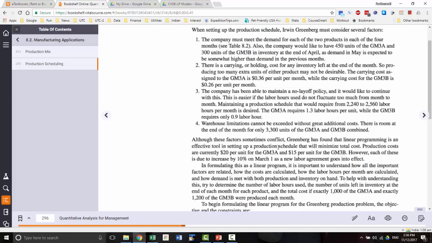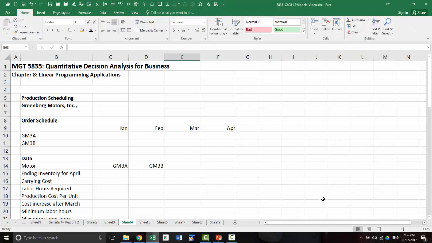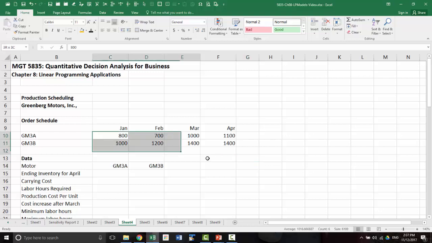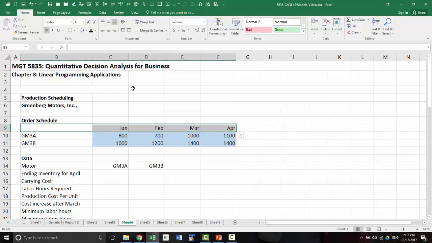The first thing to do is to enter all this information as input values. First we have the order schedule. That's your demand, customer orders, for these 2 motors and for these 4 months. Let's color code that as we go along.